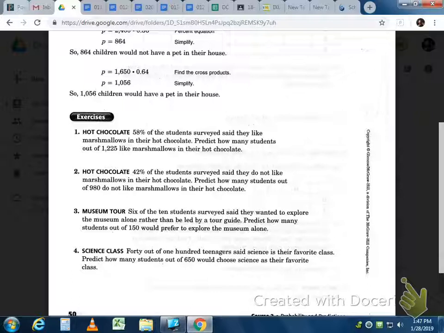Number 1, 58% of the students surveyed say they like marshmallows in their hot chocolate. Predict how many out of 1,225 like marshmallows. We're making this prediction. 58% like marshmallows. How am I going to use it in a calculator? 58% is 0.58.